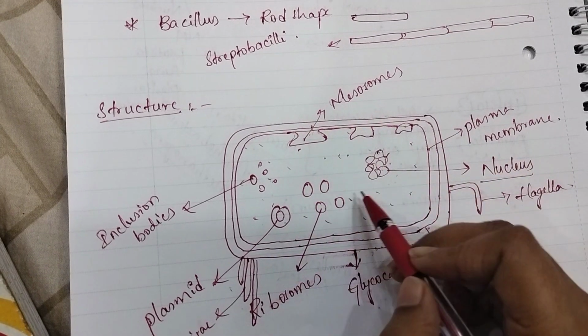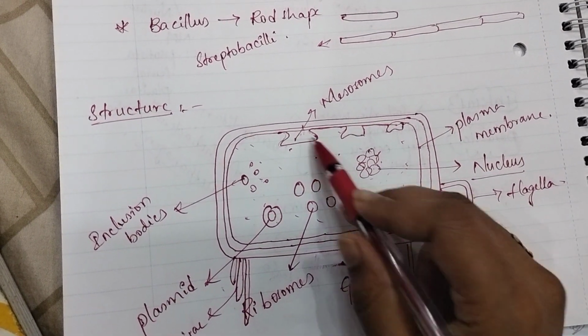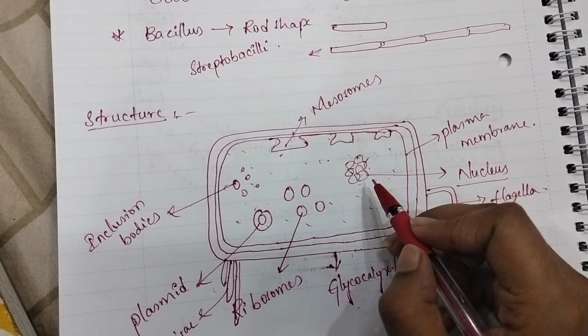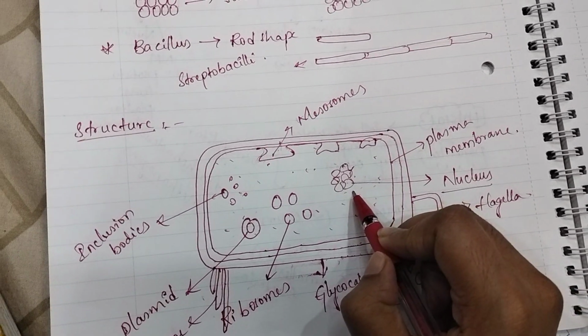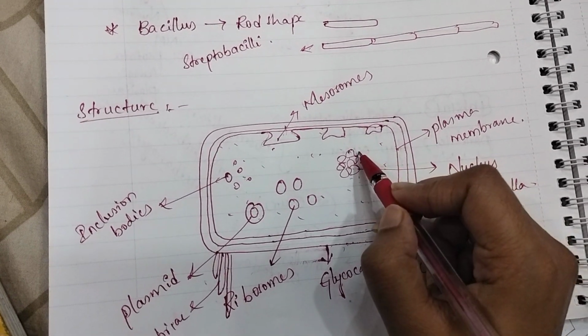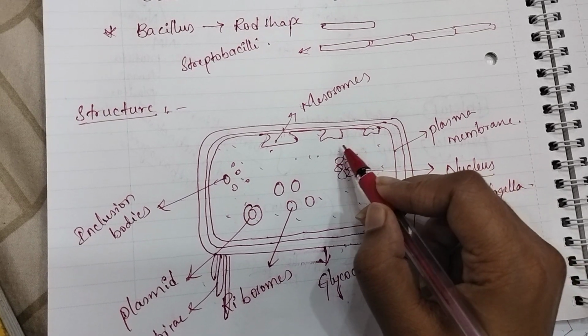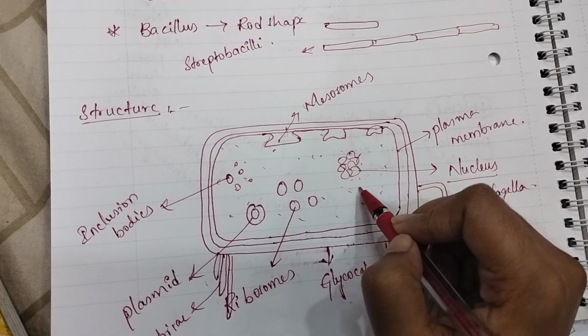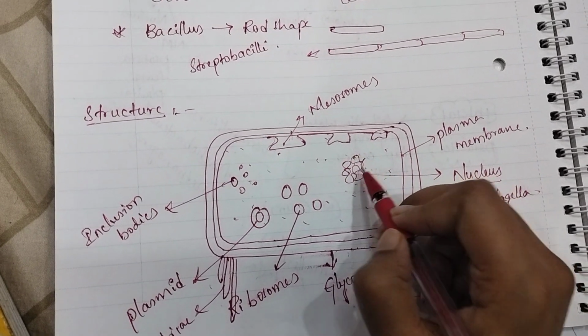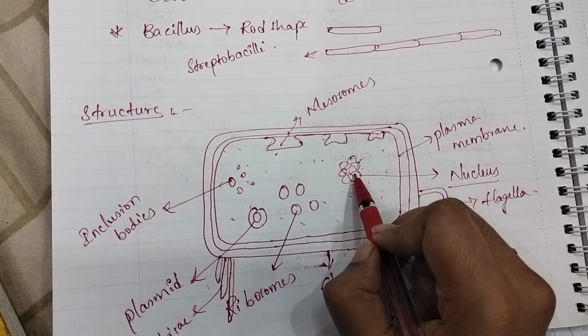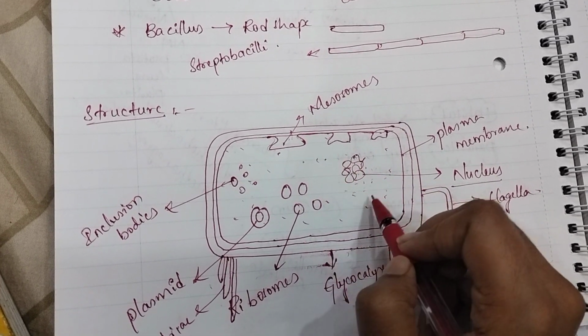If you go inside the cell, we can see the cytoplasm, and inside the cytoplasm there is the genetic material called the nucleus. We have already said that prokaryotes don't have any nuclear membrane around the nucleus, so the nucleus is freely present in the cytoplasm.